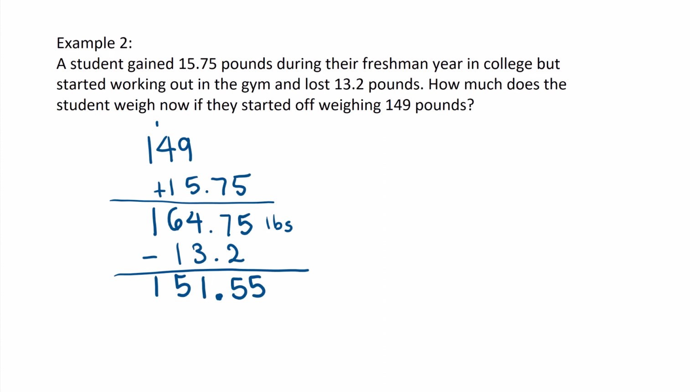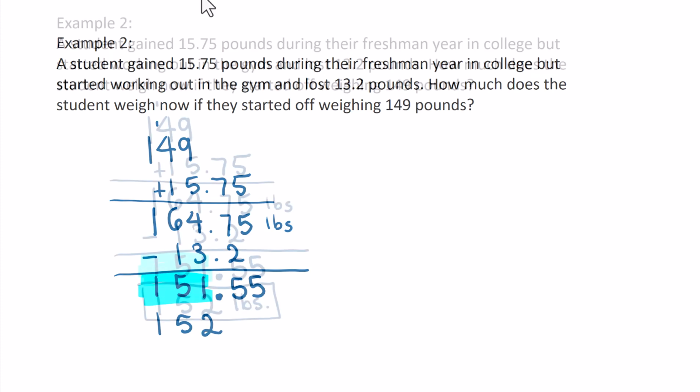So we're going to only take the whole number weights. So if we look at the value to the right of the decimal place, we have a 5, and so we would round this up to 152. That's as accurate as we can be.